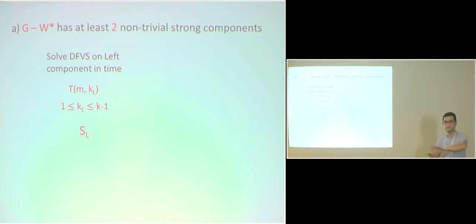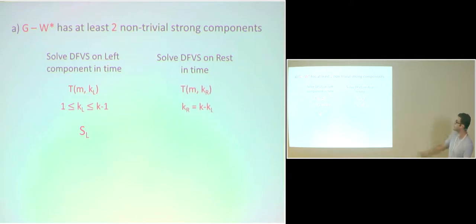Then let me remove this strong component from the graph and solve directed feedback vertex set on everything except that strong component. Again, my budget is going to be k minus k_L, and I know that k_L is at least 1, because this was a strong component, so I need to delete at least one vertex from it to make it acyclic.